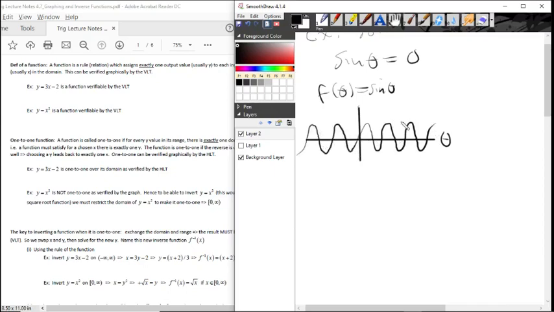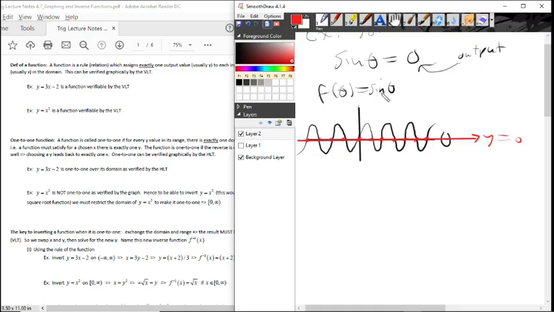All right, so when is the sine of theta equal to 0? If the output is 0, that would occur here and here and here and here and here. How many solutions do we actually get to this equation? If we draw the horizontal line with the equation y equals 0, how many times does it intersect the curve?